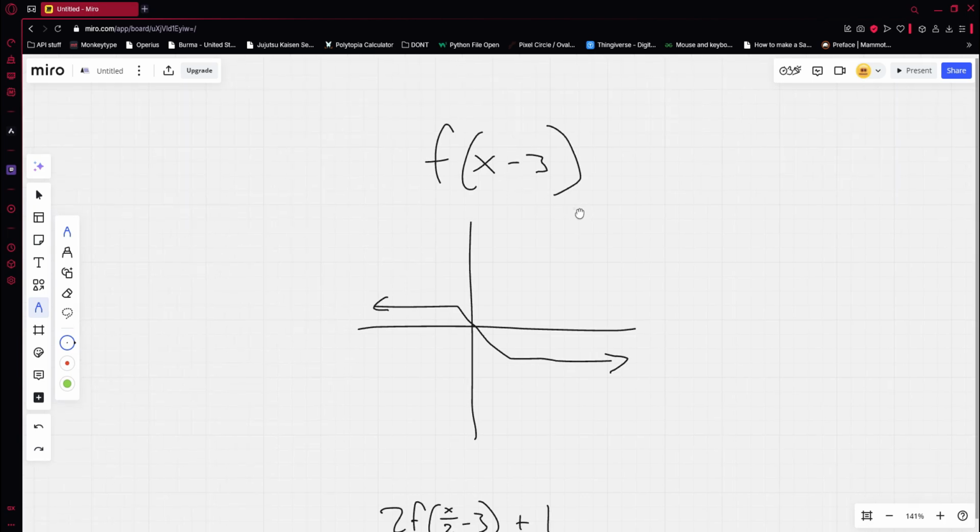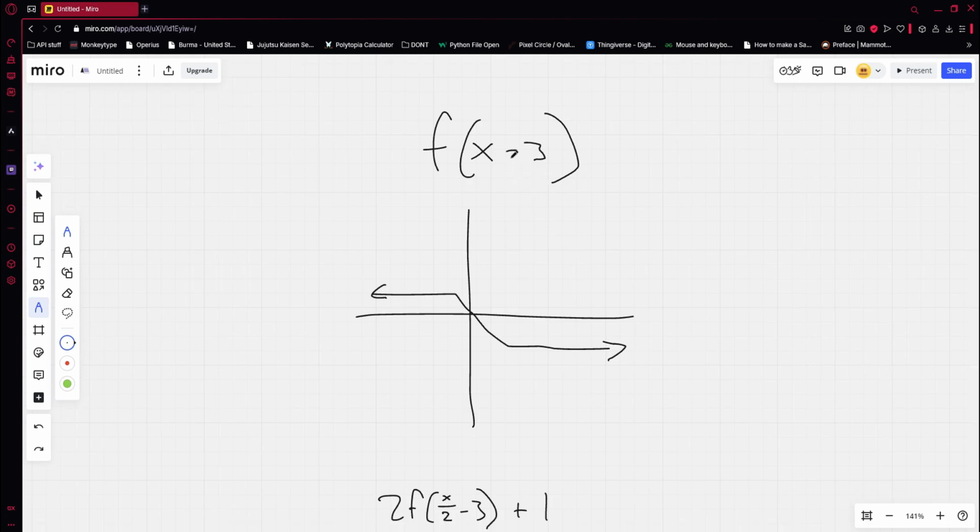And one thing to always remember is that horizontal translations, dilations, whatever, if it's horizontal, it's going to be wonky. It's not going to be exactly how it's written. So it's minus 3, in this case it's plus 3 because horizontal translations are backwards. They're the negative version of what's in here.